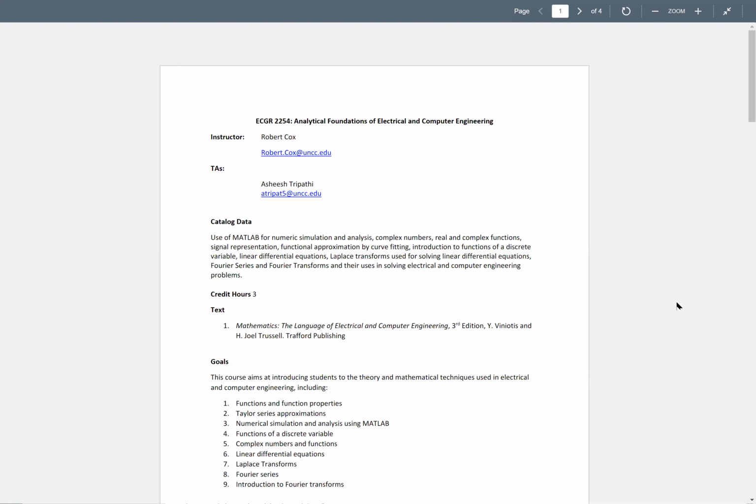Moving forward, this class is about math and really about applications of math with respect to electrical and computer engineering. We're going to motivate that a little bit here today before I go into some of the real topics, because I will get into some real stuff today. Ashish introduced himself there. One nice thing about online this semester is that a lot of our grading will be handled automatically within Canvas.